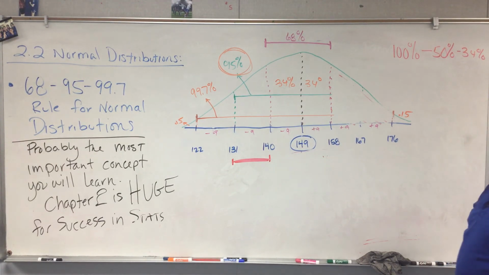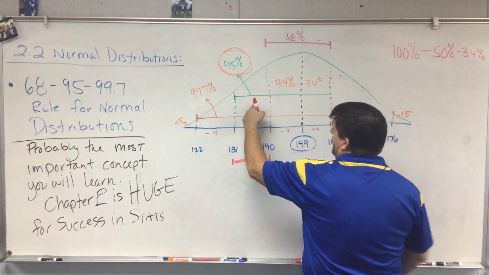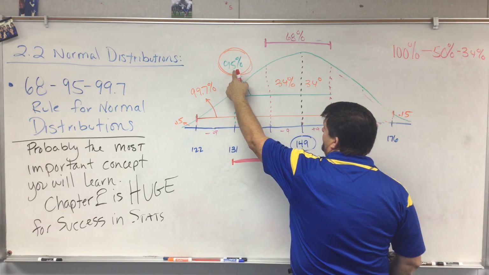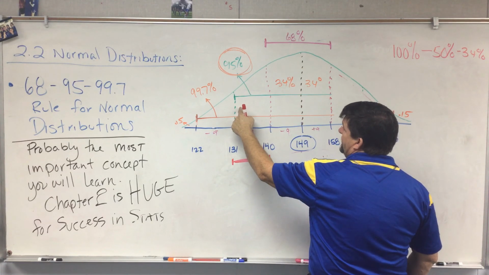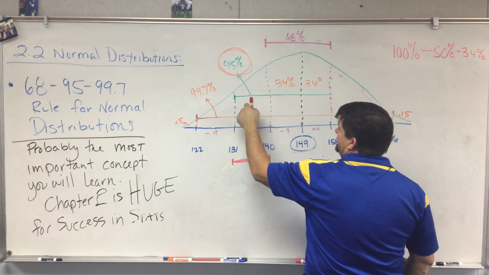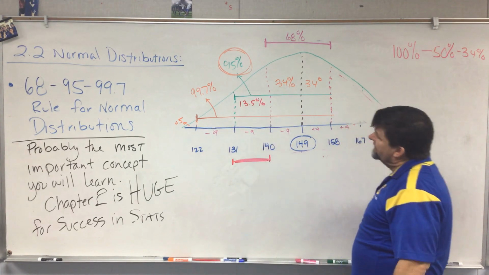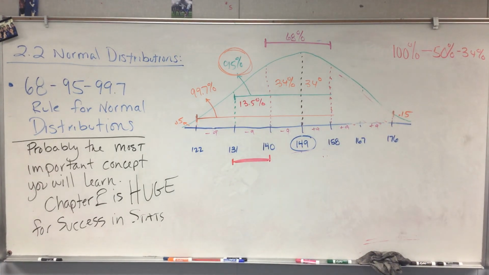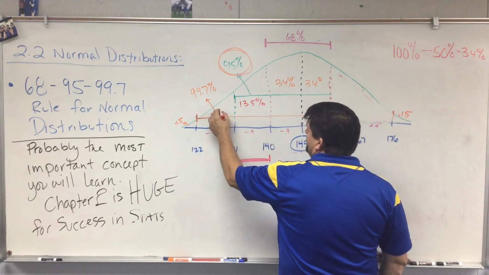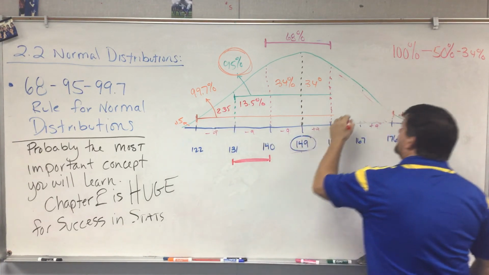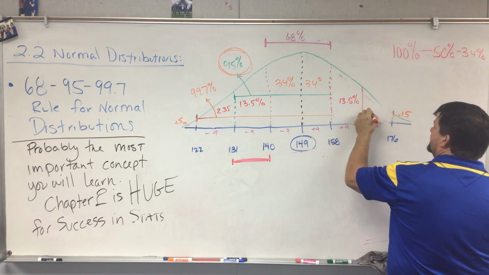Half of this is 47.5, and if it's 47.5 to here, then this is 13.5%. Does that make sense? So this is going to be 2.35, and this is 13.5%, and this is 2.35.